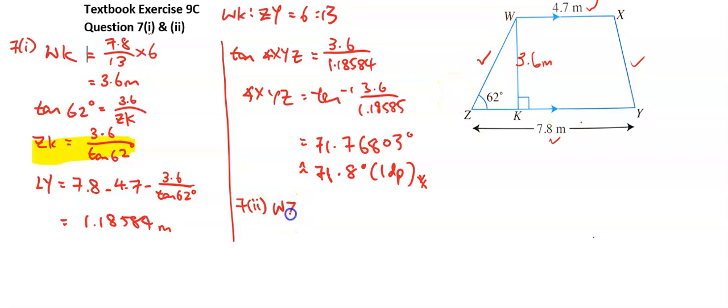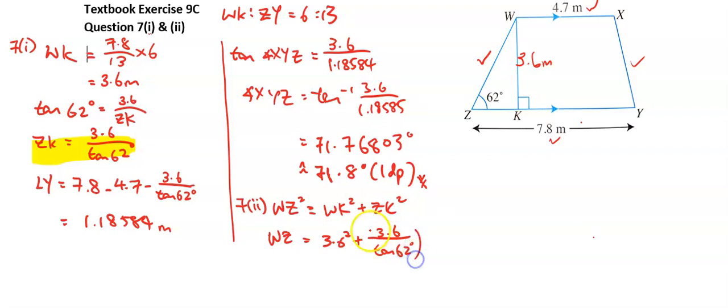WZ squared is equal to WK squared plus ZK squared. To get WZ, we can substitute in the values: 3.6 squared plus ZK, which is 3.6 over tangent 62 degrees, the whole thing squared, and we square root this.